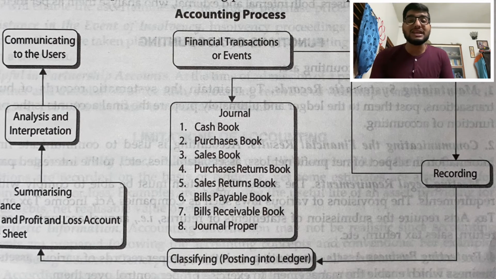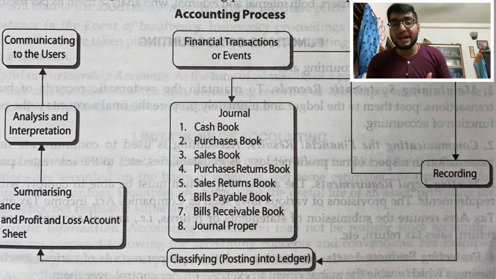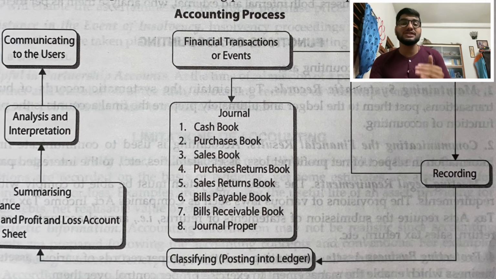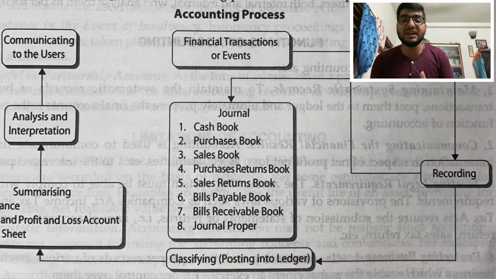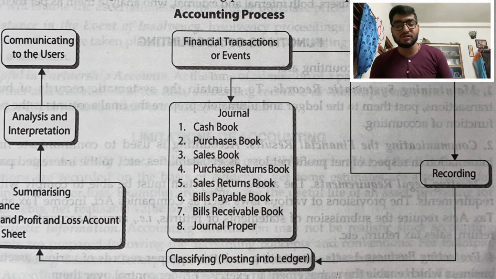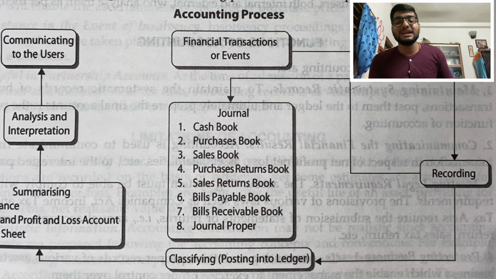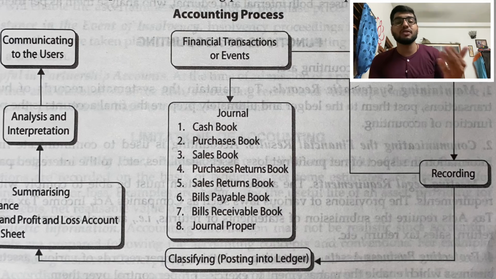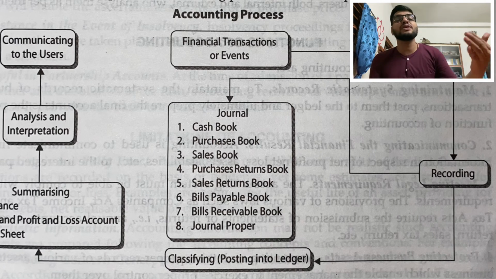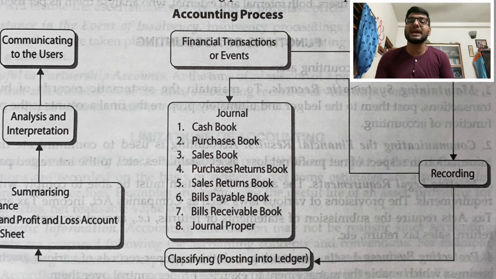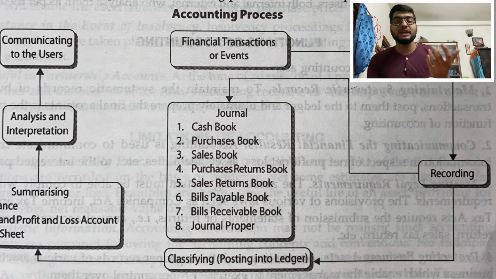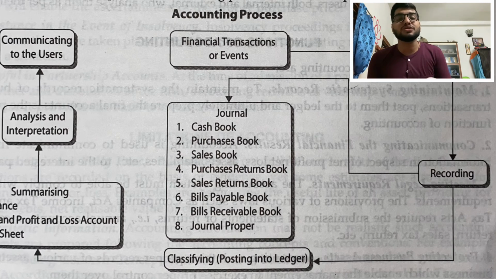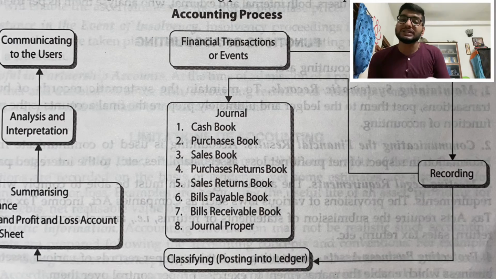After making the balance sheet, we will understand the position of the firm. That means, is the firm making any profit or is it running at a loss? Okay, then we will analyze the interpretation. That means we will understand whether the firm is making profit or losses, and then we will communicate it to the users. That means our seniors or anybody who is in a responsible position to interpret it.